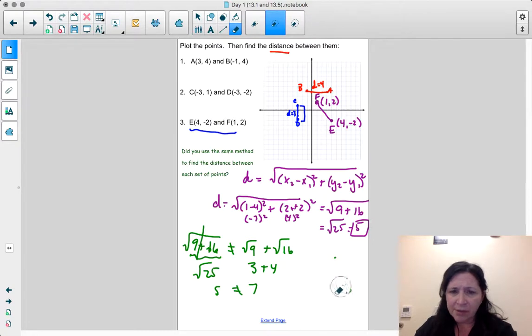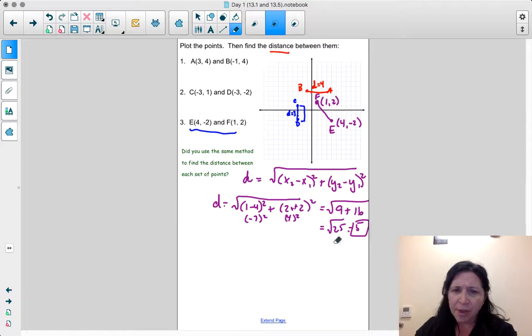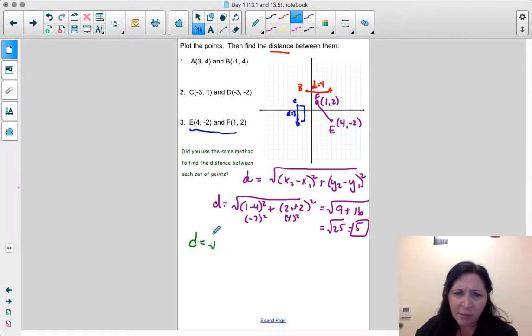Okay, so I'm going to erase this because ultimately what I want to do is show you the other way for subtracting these. That would be, if I were to go 4 minus 1. So let's do it this way. The distance between the two points, calling this x1, we'd go 4 minus 1, so 4 minus 1 quantity squared, plus, and then you'd say negative 2 minus 2, so negative 2 minus 2 quantity squared.